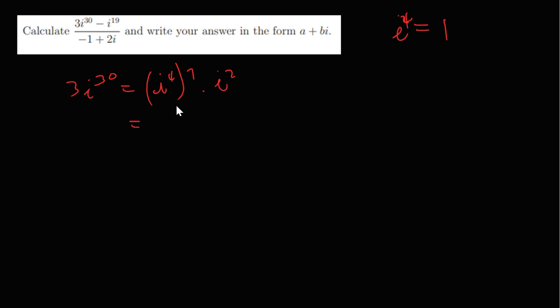You can work this out to be 1 power 7, which is always 1, and then I squared. What is I squared? You should remember this from the previous video, and if you've forgotten, remember how we got it. The root of -1 equals I, and if I square both sides, I squared is just -1.